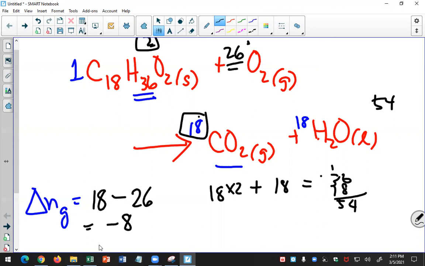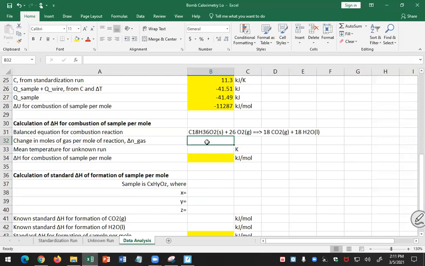Okay. So delta n gas is minus 8. So I actually write a formula here. I'm going to have 18 CO2s minus 26 O2s. So negative 8. Now the mean temperature of the unknown run. This is where the mean temperature comes in.